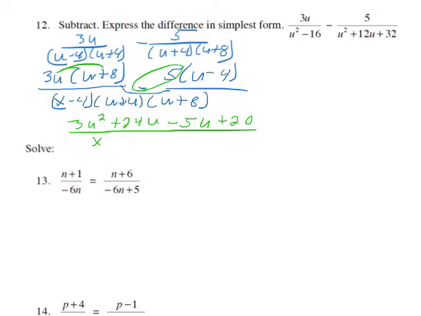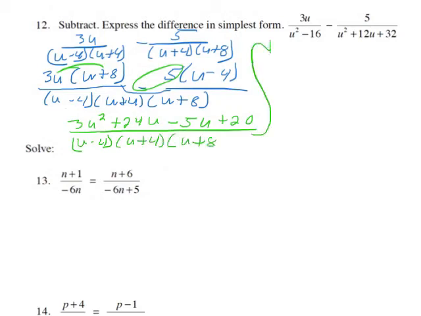oops, I put an x, didn't I? Okay. That needs to be fixed, because that was a u. So let me fix this here real quickly. So this is going to be u minus 4, u plus 4, u plus 8. Now let's come right up over here, and I'm going to add like terms.